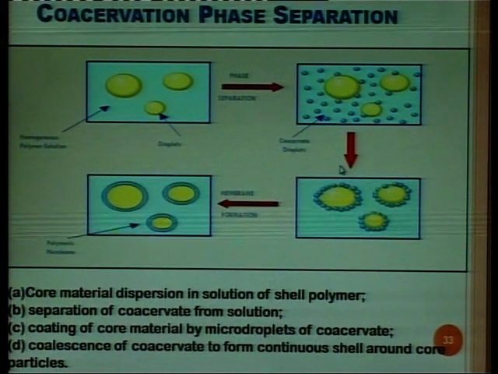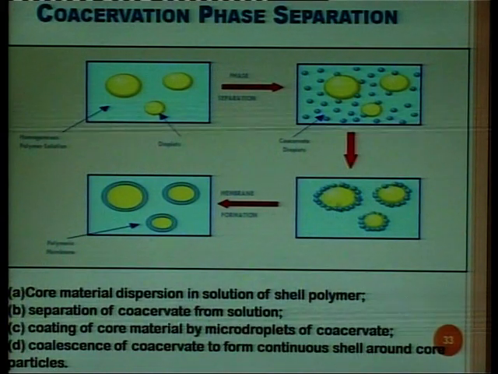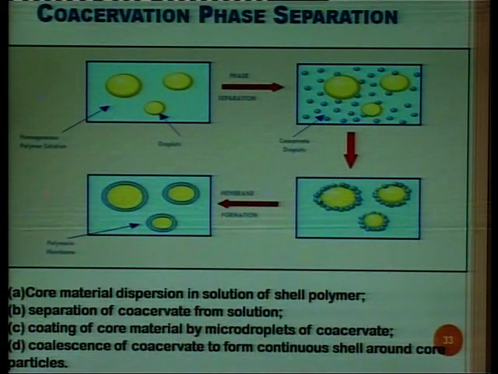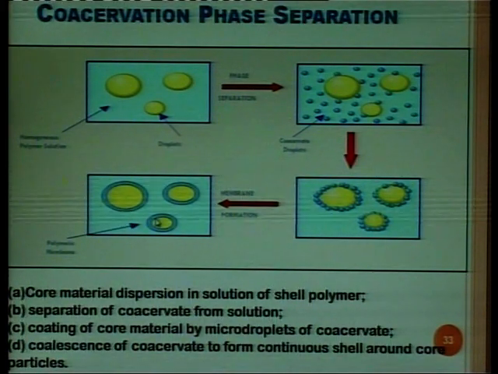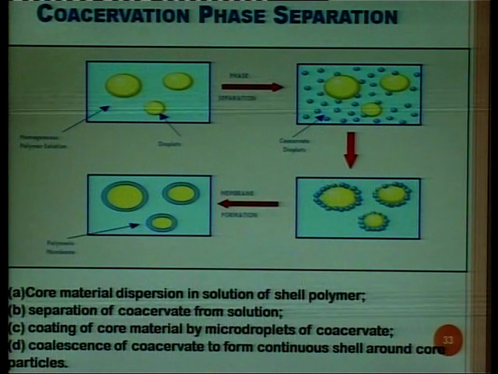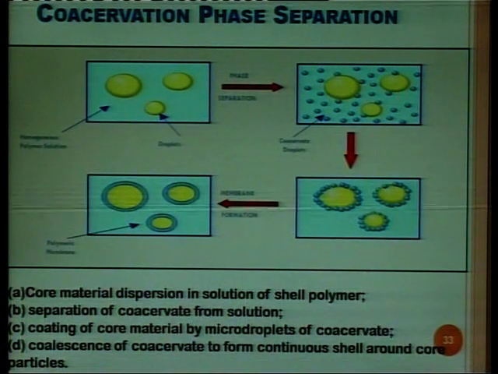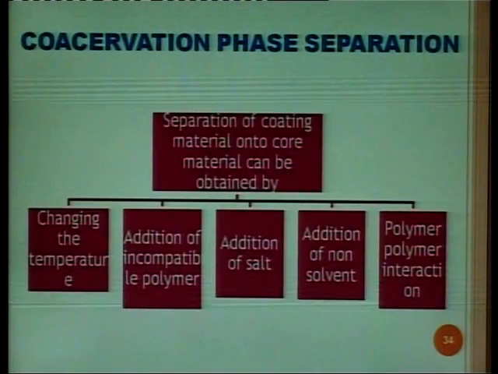Then comes coating of core material by micro droplets, and finally coalescence of coacervate to form a continuous shell around the core materials. So this is all about coacervation phase separation.